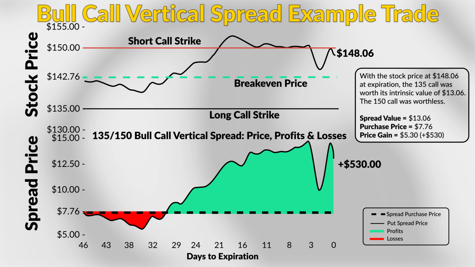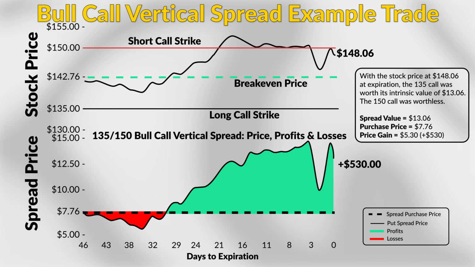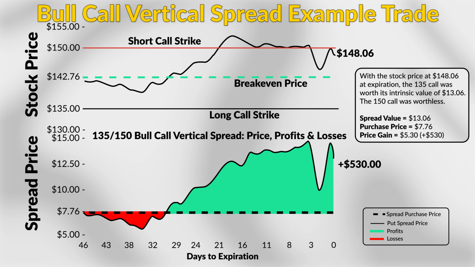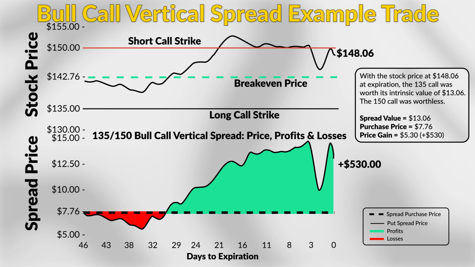Therefore, the value of the spread at expiration is limited to the intrinsic value of the 135 call, which is $13.06, meaning that in actual dollar terms, the spread's value would be $1,306. And if I buy a spread for $776 and it expires with a value of $1,306, my profit is $530.